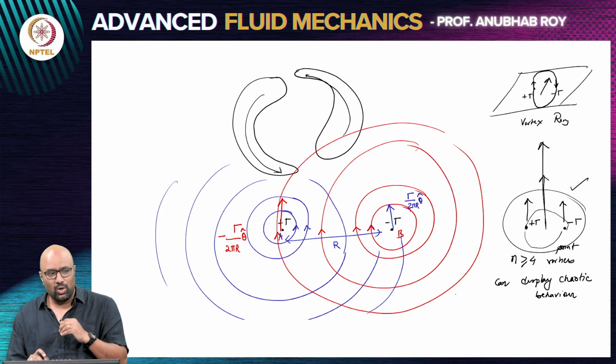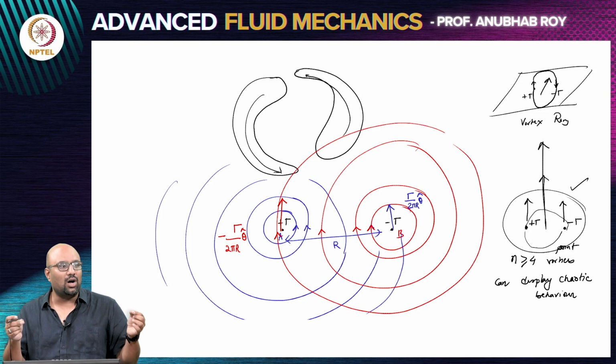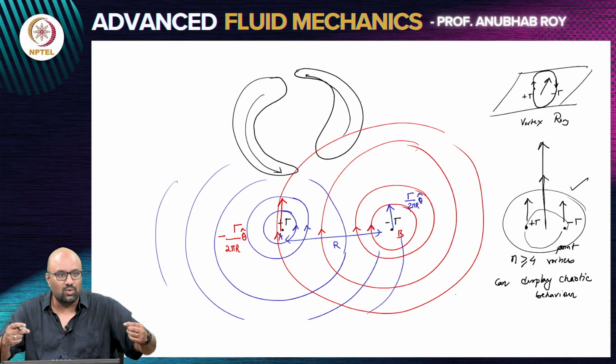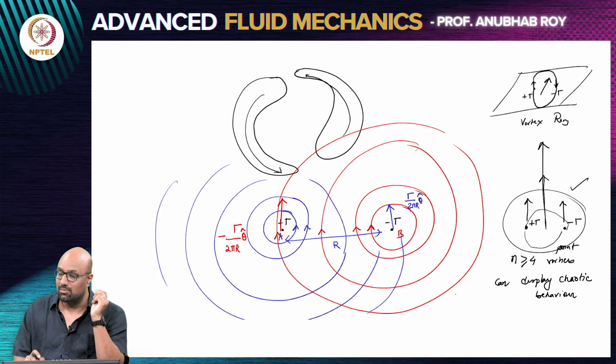But you can also get a simpler understanding by thinking that if you were to cut it at the mid plane, the vortex ring is nothing but a pair of counter rotating point vortices, and a pair of counter rotating point vortices will move. They will not stay stationary, they are going to translate, and that is the reason why the vortex ring is also going to translate. So, this is the story that we have regarding vorticity.